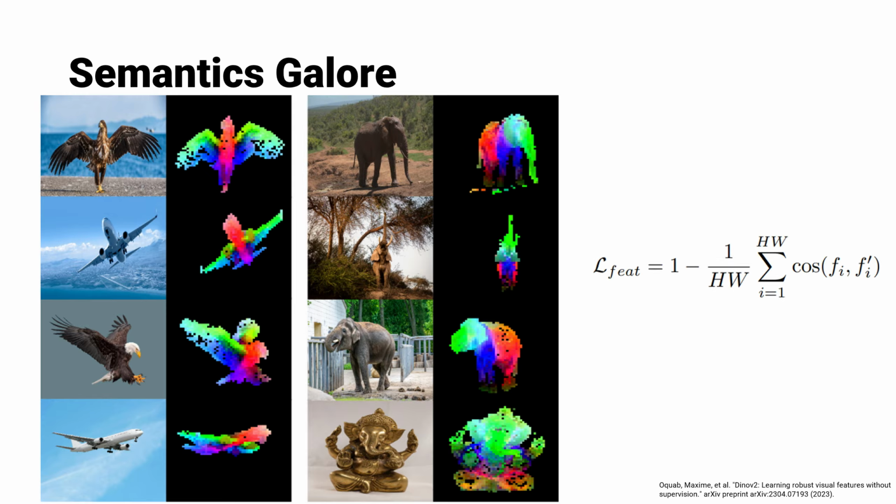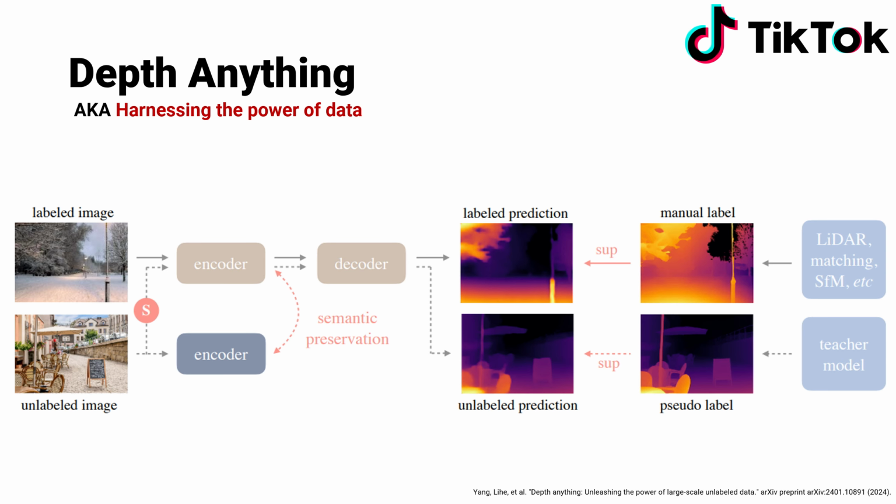So you predict the feature space from DINOv2 for an image of your choice, like we were talking about for the unlabeled image. And what we want to do is take the depth model features, which is like you take the same image, you pass it through the depth model we were just talking about, it gives us features, and you take the features from DINOv2 and you say that these two features have to be similar, and that is the semantic preservation we were talking about before. And that's what goes in there.